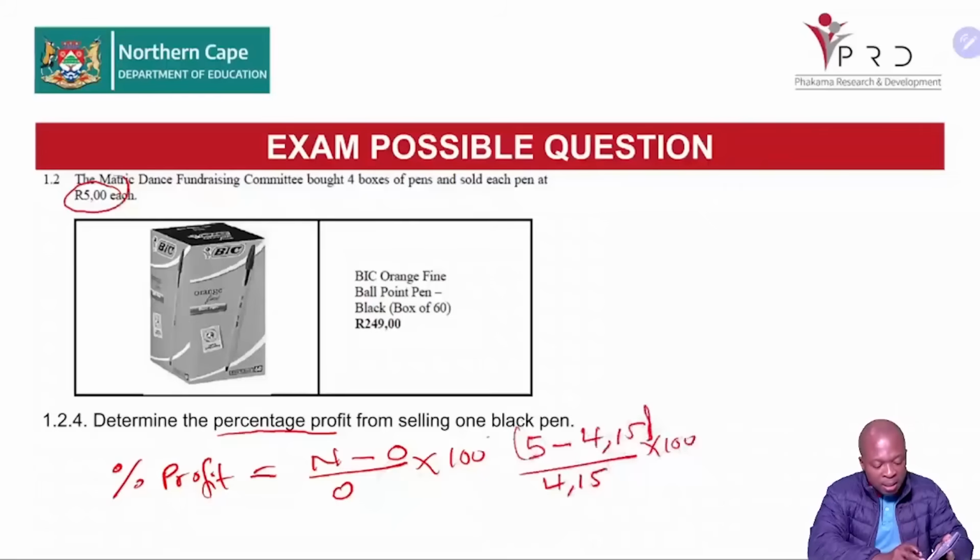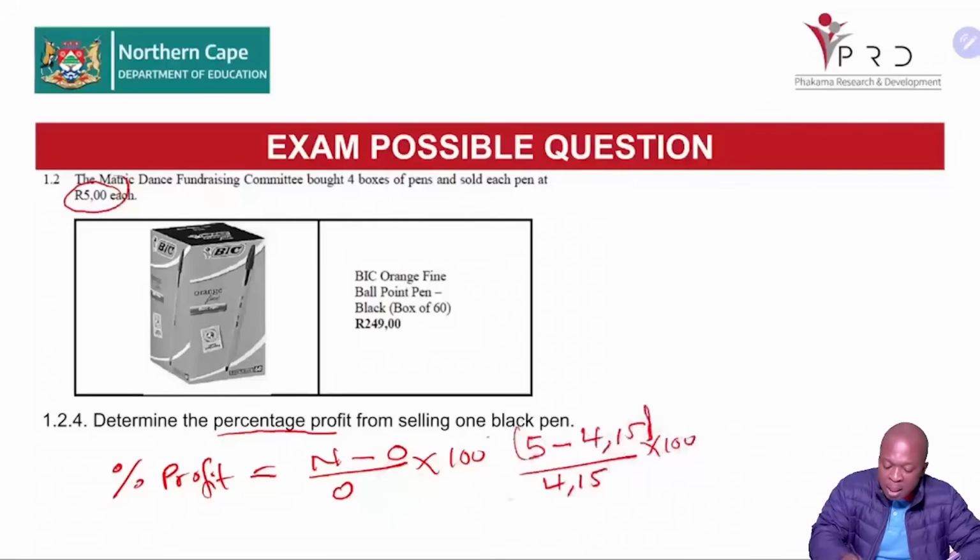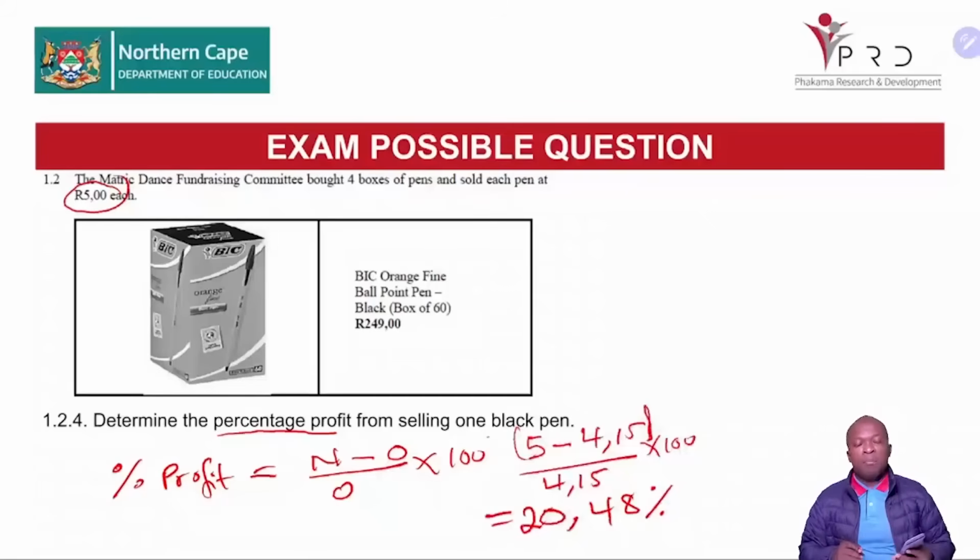Then you press the divide sign, divided by 4,15. Then you times everything by 100. When you times everything by 100, your answer is going to be 20.48. Then you put the percent sign. That is it for 3 marks, 4 marks, or 5 marks.